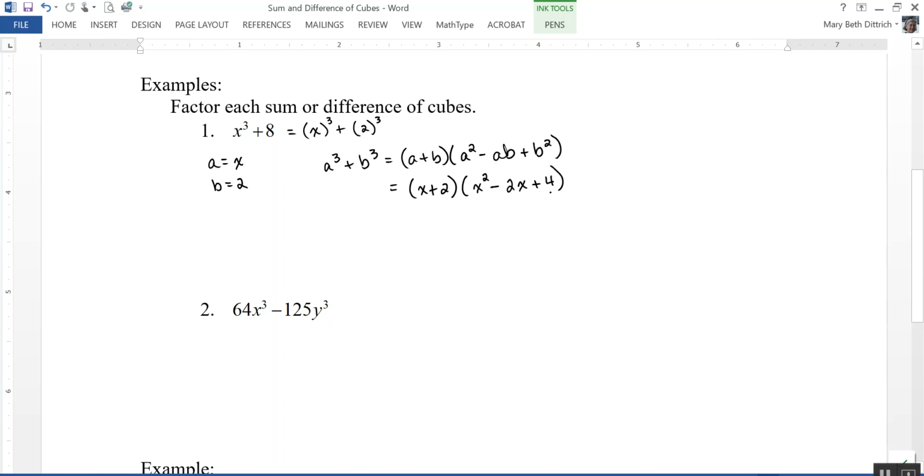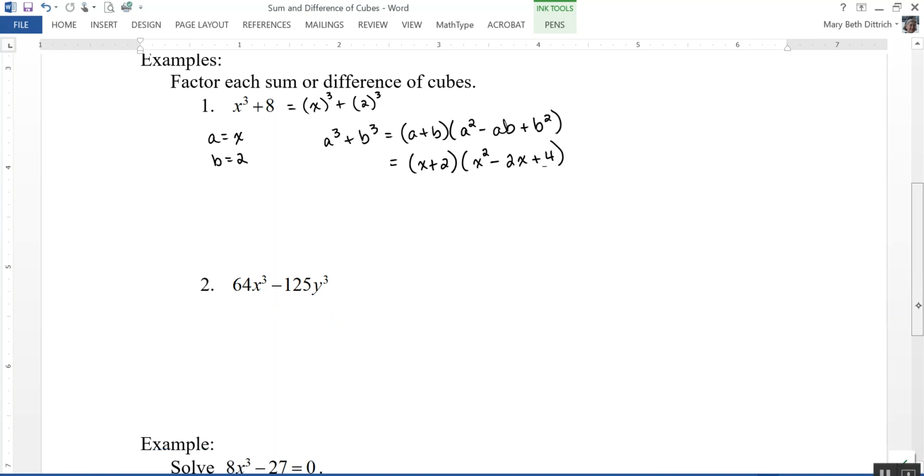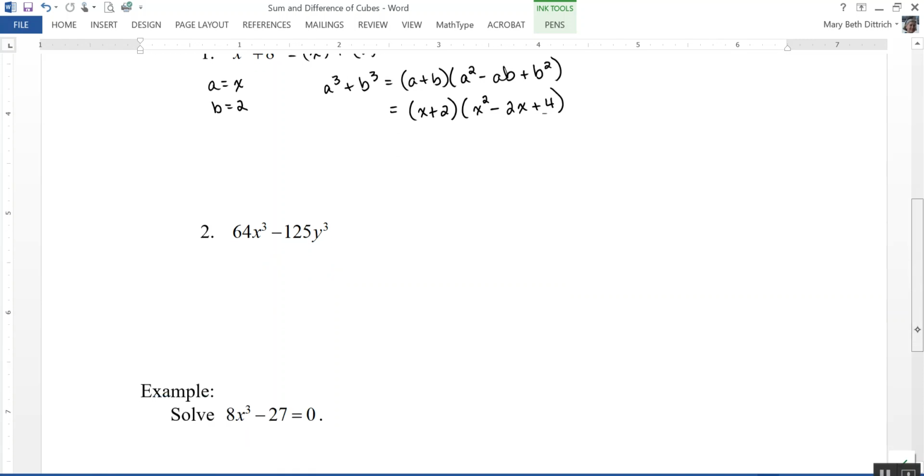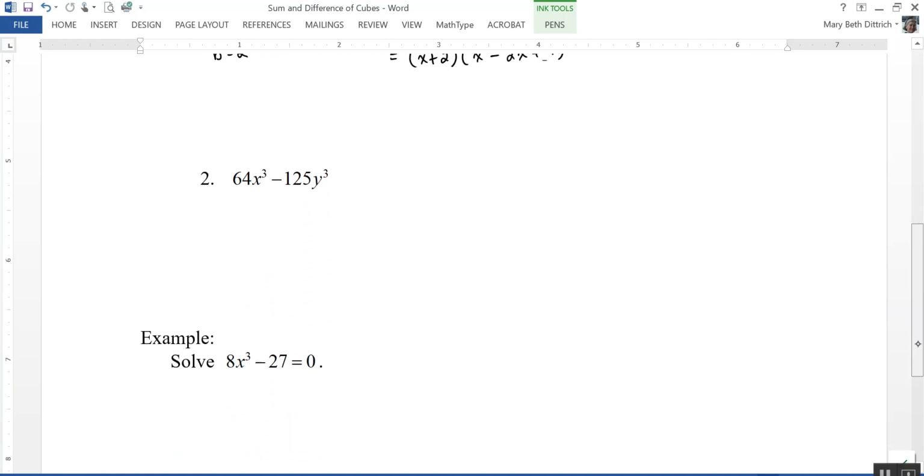And this trinomial, even though it looks like you might be able to factor it, you can't. That's prime. So this is your solution here. So x cubed plus 8 factors into the quantity x plus 2 times the quantity x squared minus 2x plus 4.